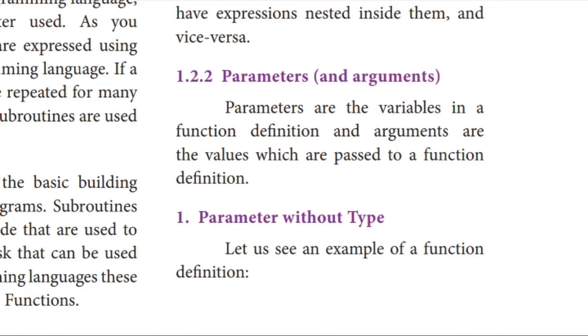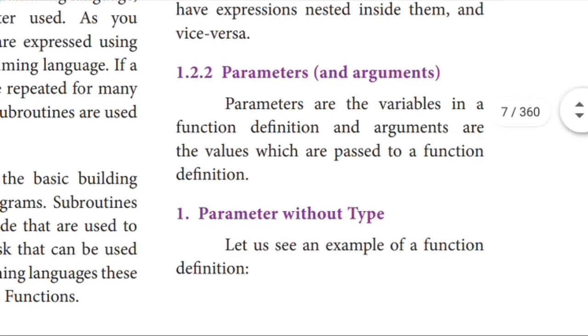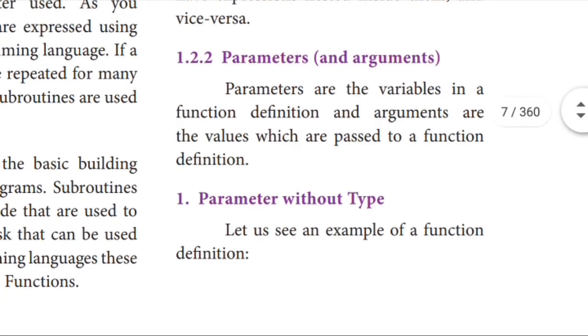If I give my mark register note and my stationery items to you and ask you to complete that work, it means I am giving some inputs for you to work on. That is known as parameters.